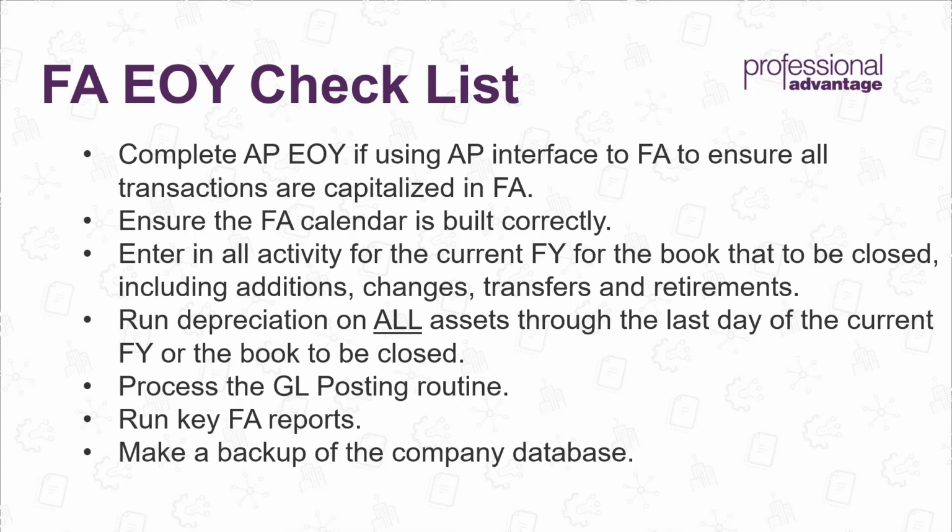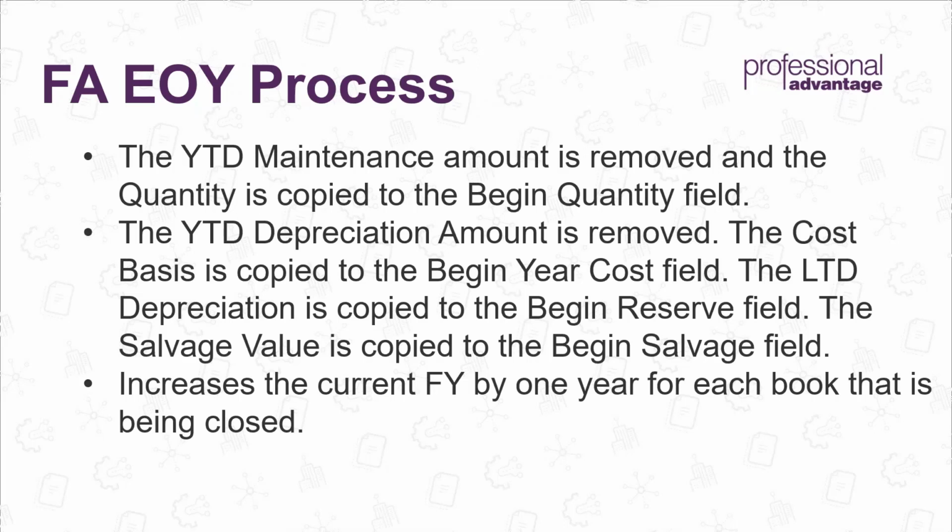Okay, right. So this is the fixed asset end of year process checklist. Now, what actually happens in the fixed asset module as the year-end process runs? There are a few noticeable things. The year-to-date maintenance amount is removed and the quantity is copied into the beginning quantity field for an asset. The year-to-date depreciation amount is also removed.